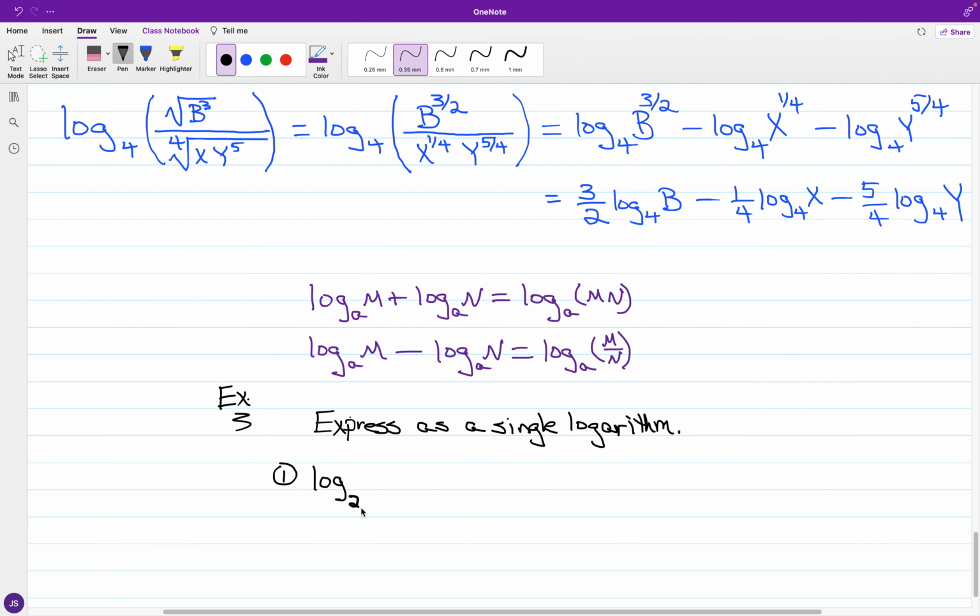We'll say we have the base 2 logarithm of 3, plus the base 2 logarithm of x minus 7, minus the base 2 logarithm of y, plus the base 2 logarithm of z. Okay, so looking at what we have in the setup.